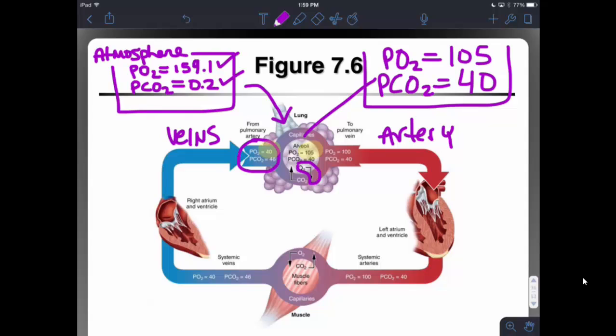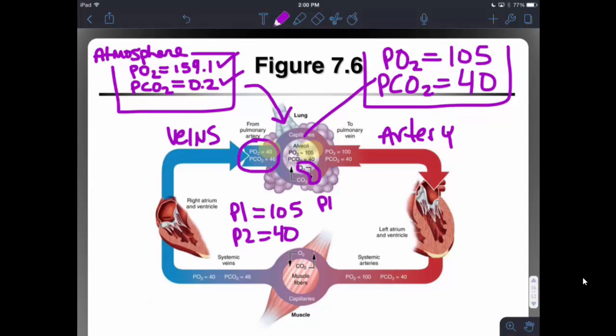So it's going to go from 105 to 40. P1, which is the PO2 in the alveoli, is 105, and P2, which is the PO2 in the veins, is 40.